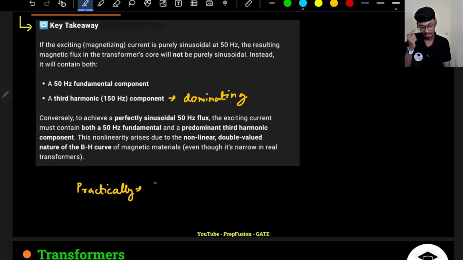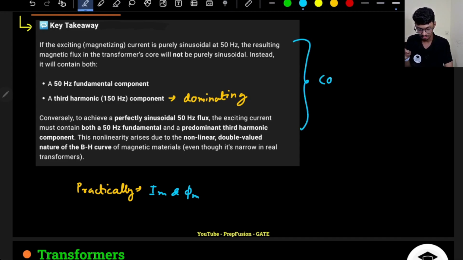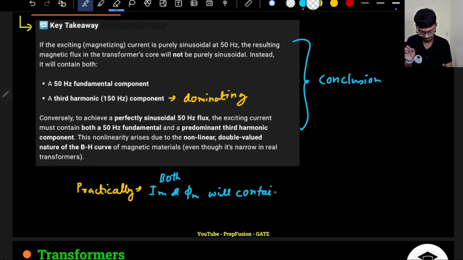Practically, the current Im and the flux phi m both contain harmonics, but ideally we will do our analysis according to this conclusion and solve questions, though practically both Im and phi m will contain harmonics.